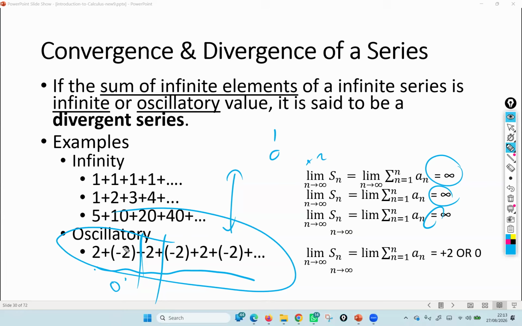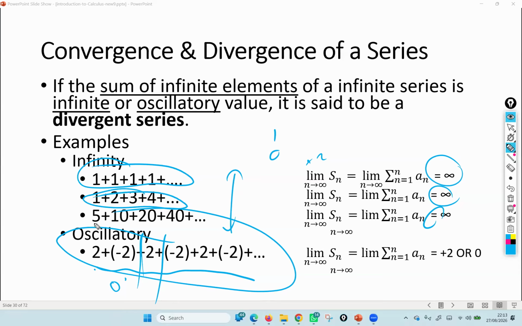But not every convergent sequence ends up with a convergent series. Sometimes your convergent sequence ends up as a divergent series, like this. It's a convergent sequence, but a divergent series. Sometimes divergent sequence, divergent series.